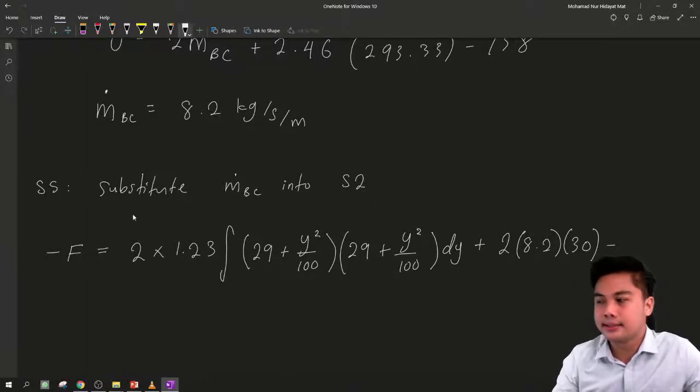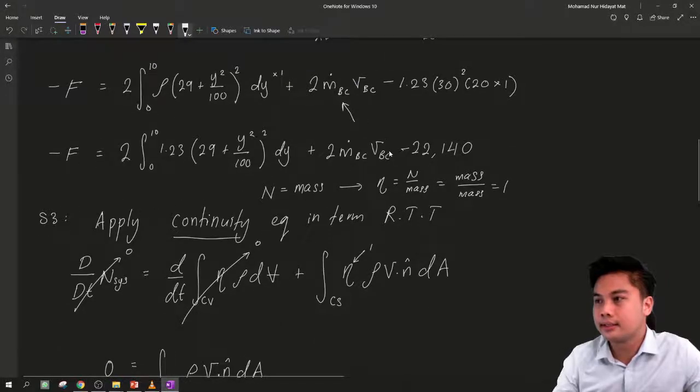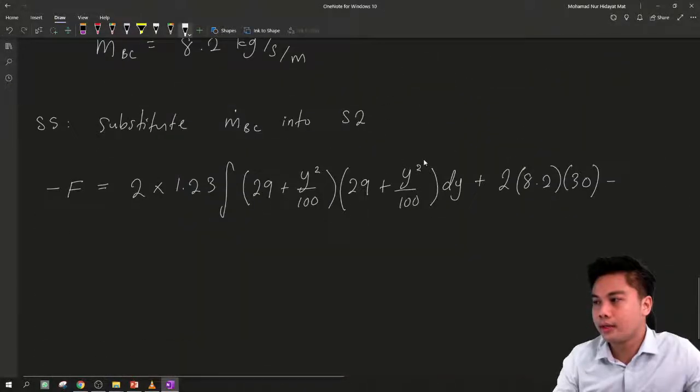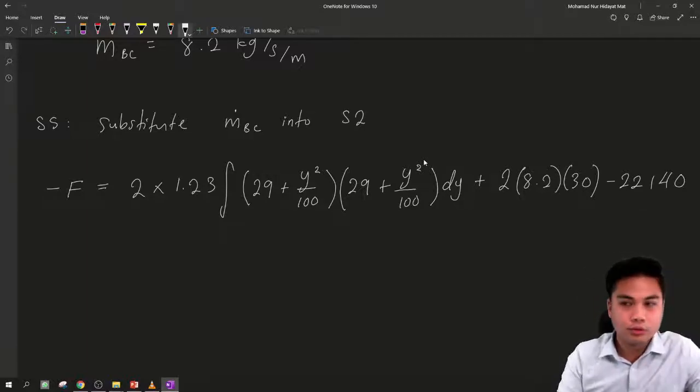And here minus 22140. So you try to solve this. We try to solve together.